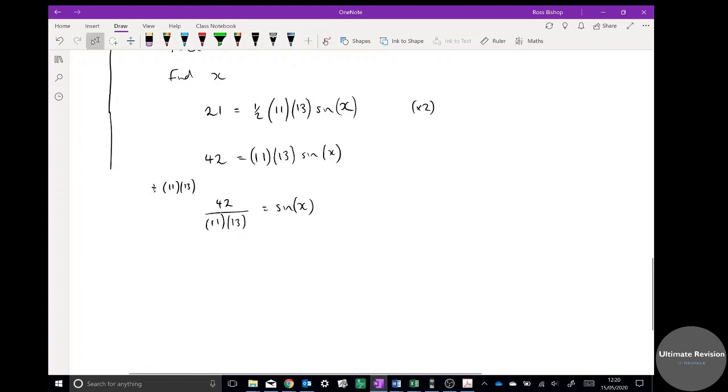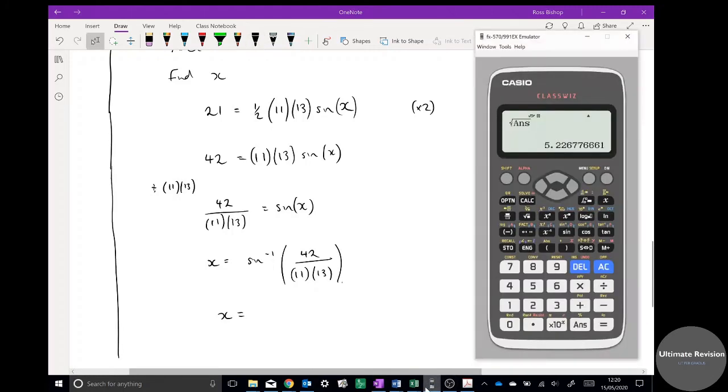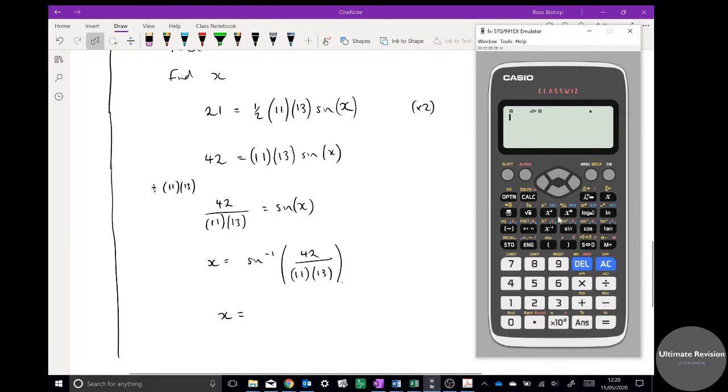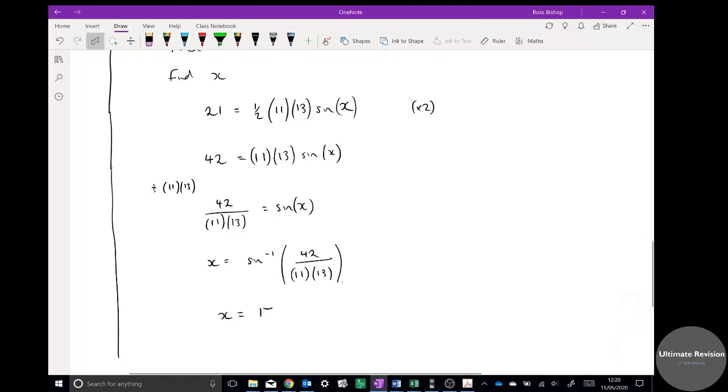And I can just do the inverse sine of both sides, so x is going to be sine to the minus 1 of 42 over 11 times 13. If we plug that into our calculator, using brackets, again hopefully I've given you an example that will work, I get 17.1 degrees. That is how you would approach that sort of question.